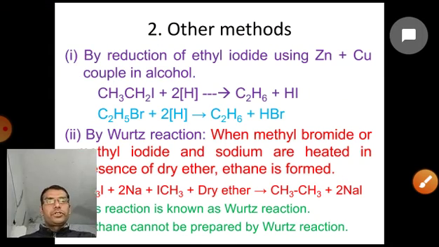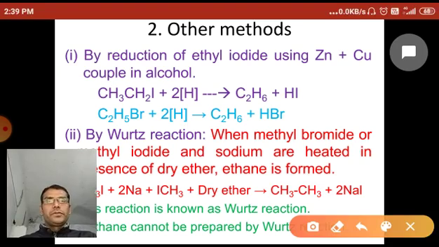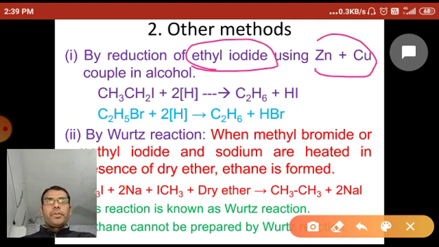Now another method for the preparation of ethane is by reduction of ethyl iodide using the zinc copper couple in alcohol.